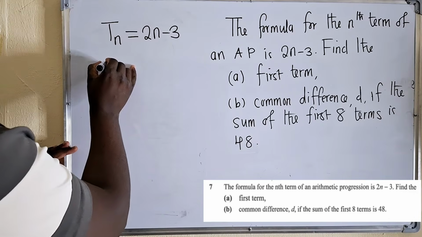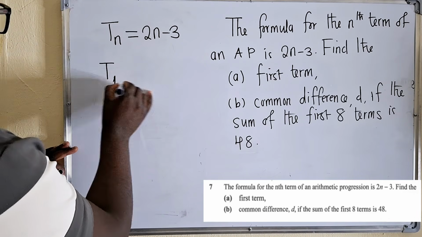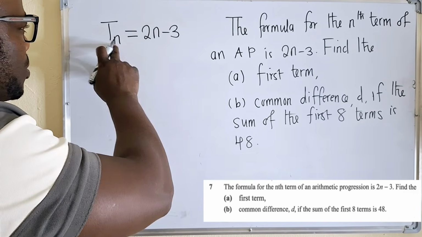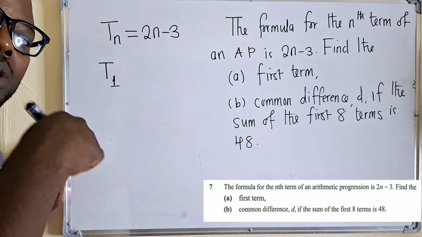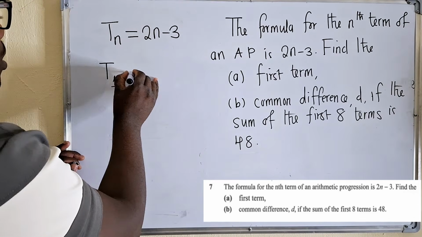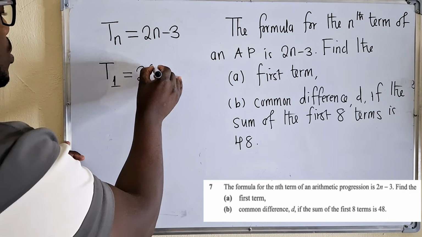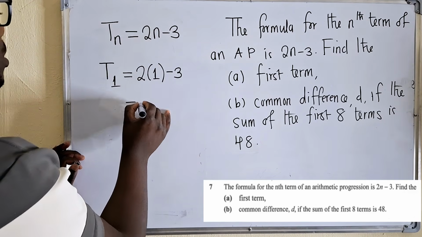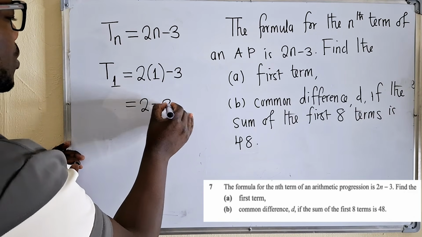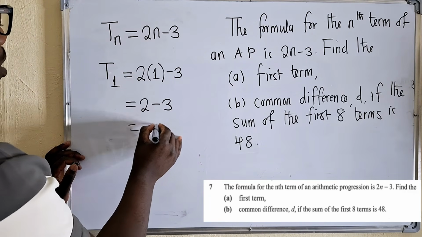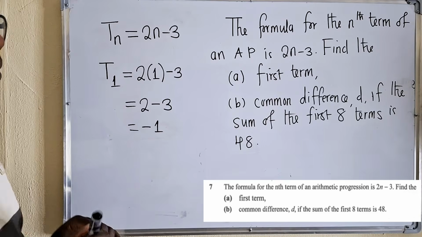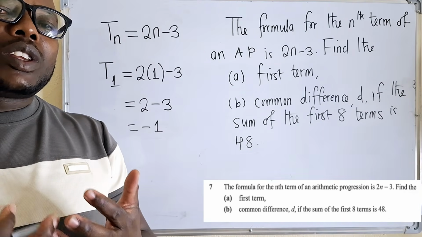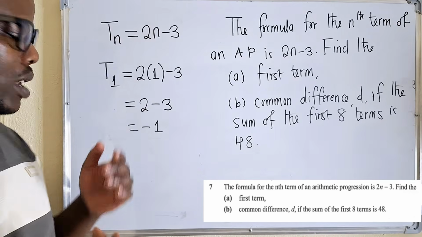So since it's a first term, our N will be equal to 1. 1 stands for first. So wherever we see N, we will substitute a 1. And this is how it's going to look like. So 2 minus 3 will give us a minus 1. So without wasting our time, we can say the first term is negative 1.